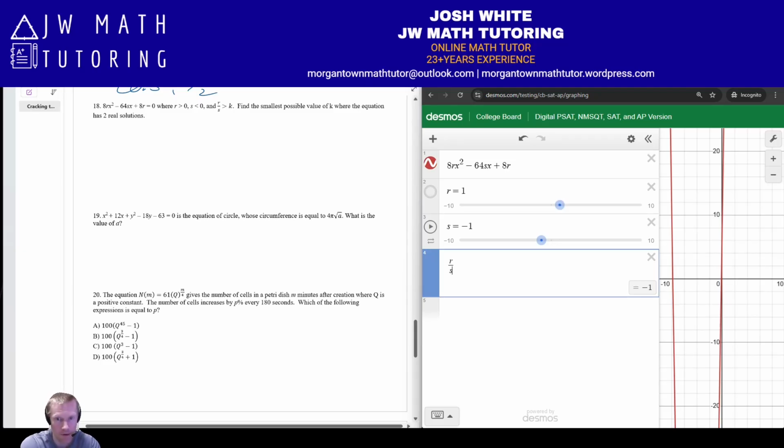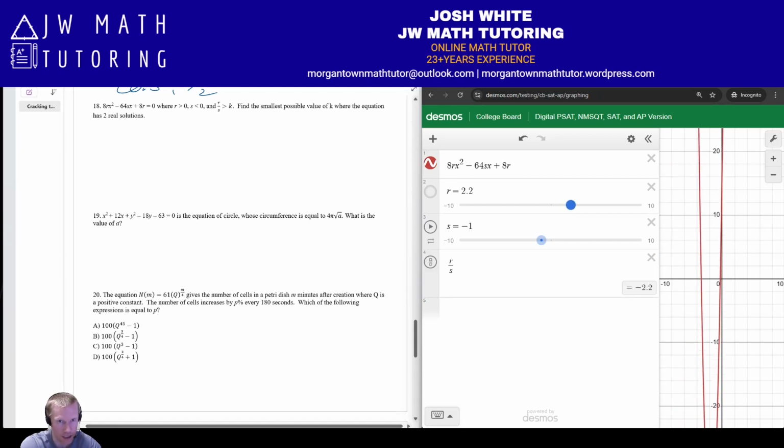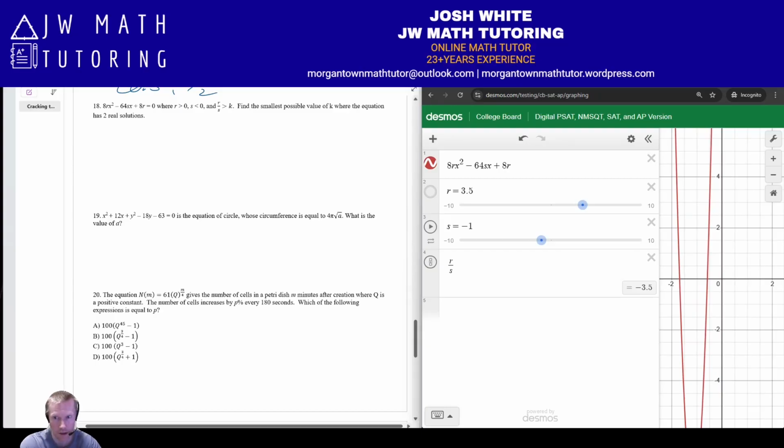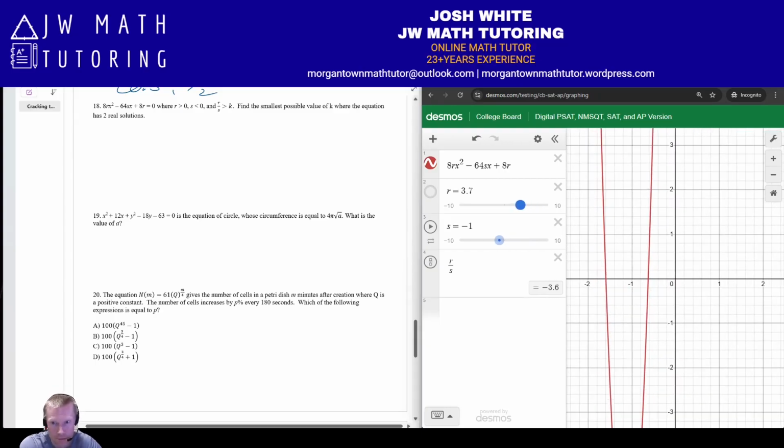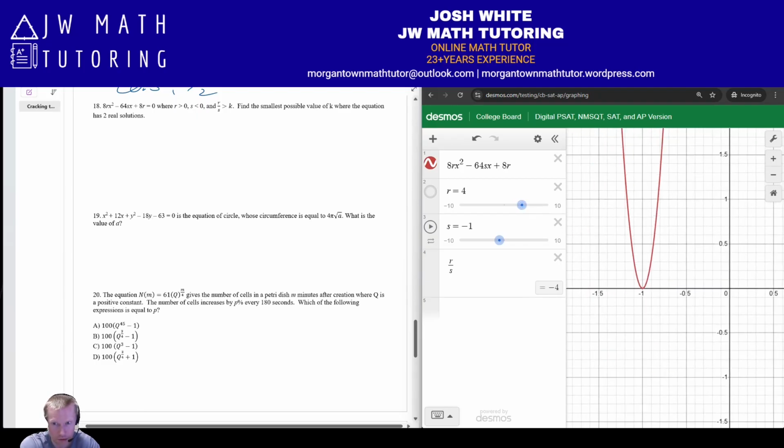We want to get this as small as possible, but still see two real solutions. So since I've already made the s negative, that means I'm going to increase the r value, because notice r over s is getting larger from a negative perspective, meaning it's getting smaller. So I just have to move this. Okay, so I can move this, and notice when I get to 4, it actually jumps right here.